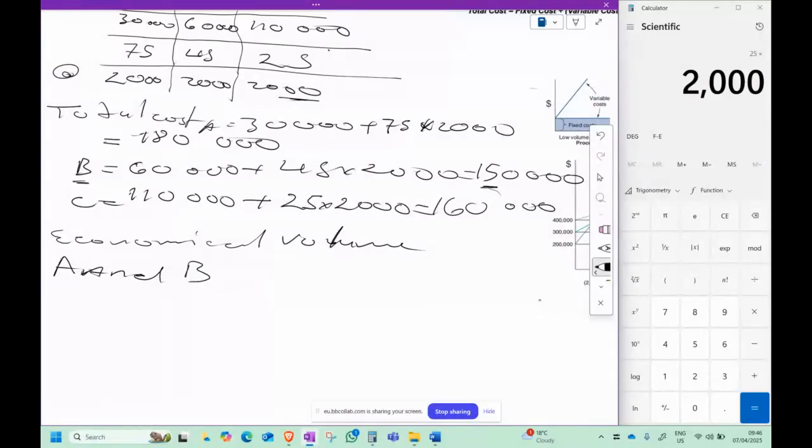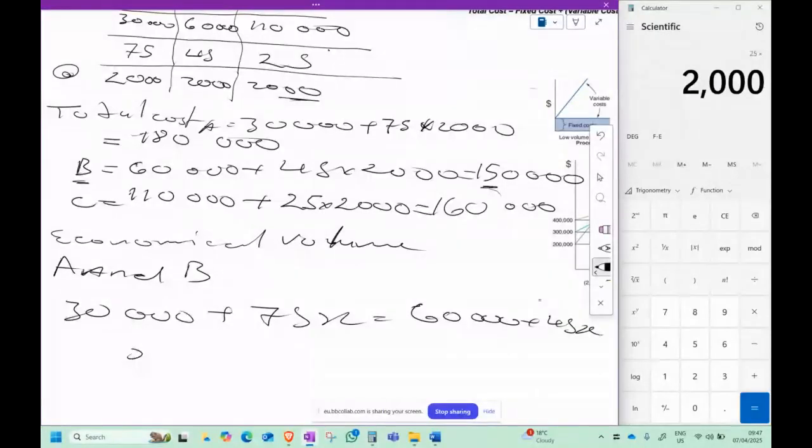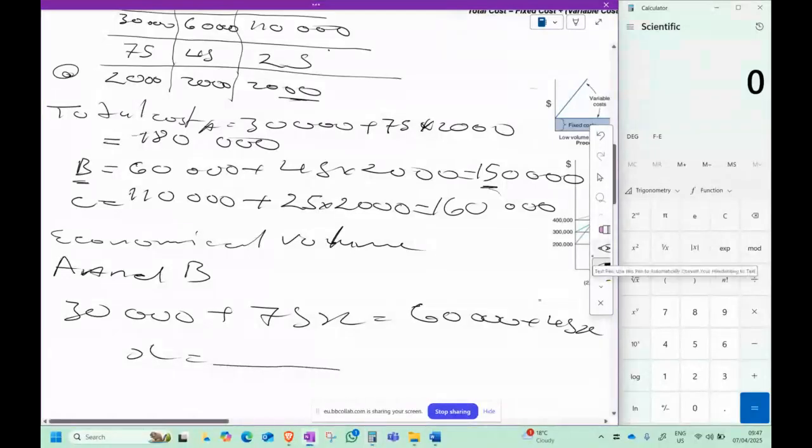Then we have 30,000 plus 75x equals 60,000 plus 45x. X is equal to what do you get? You're getting 30,000, right?